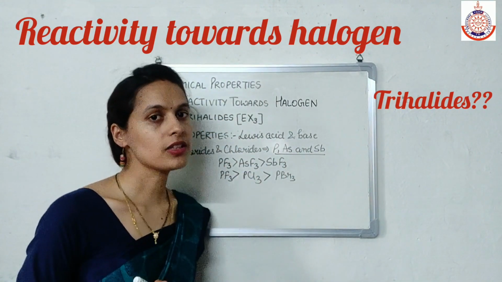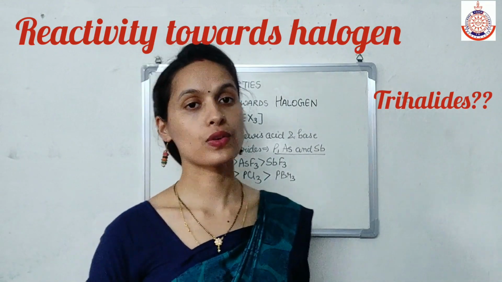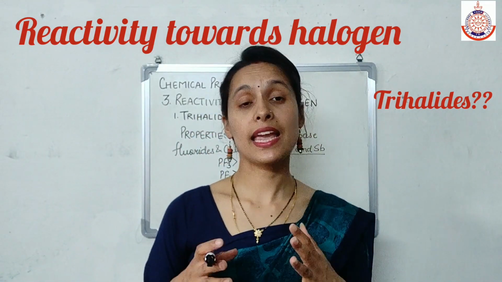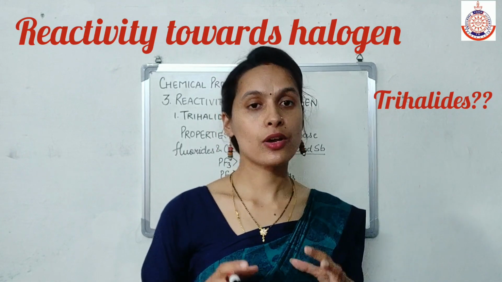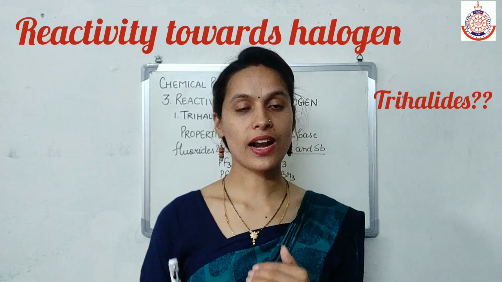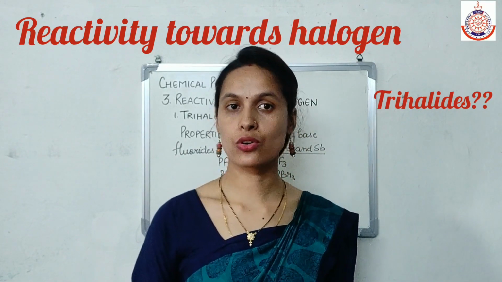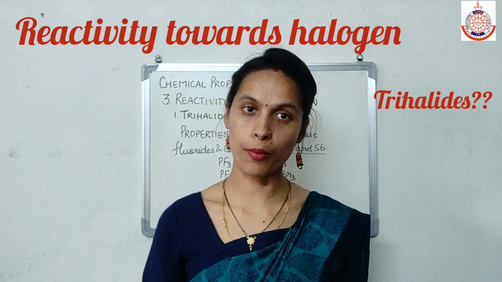So if I talk about the fluorides and chlorides of phosphorus, arsenic and antimony, they act as a Lewis acid because of their tendency to accept electrons in their empty d orbital.